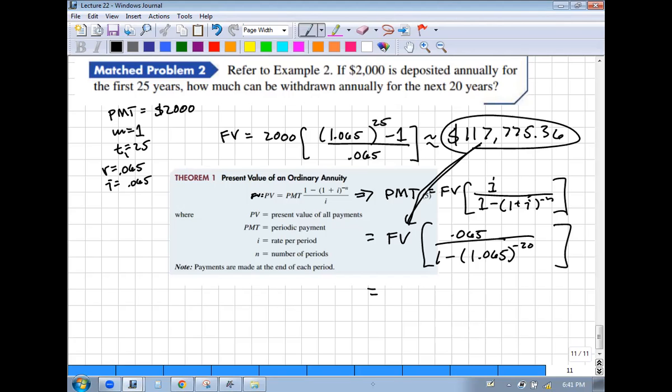Oh, yeah, I need one more. There. What am I missing? A parenthesis. 0.065 divided by 1 minus 1.065, oh, no, that's to the power. I don't know, I cannot type it into this calculator for some reason. 0.065 divided by 1 minus 1.065 to the negative 20th power.